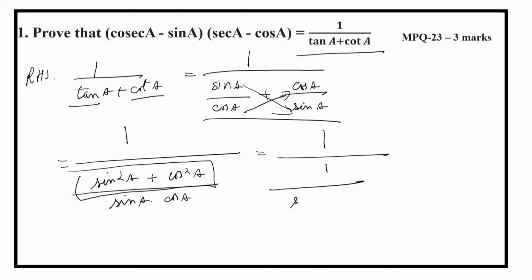So it is 1 by 1 upon sin A cos A, that is equal to sin A into cos A. Let this be equation number 2. So LHS is equal to RHS, hence proved.